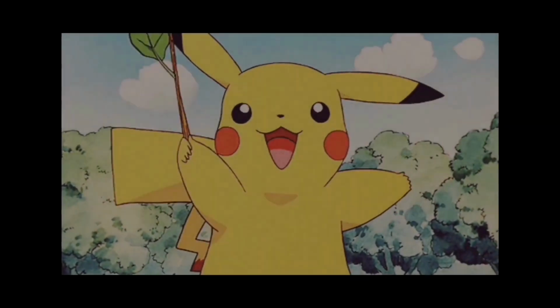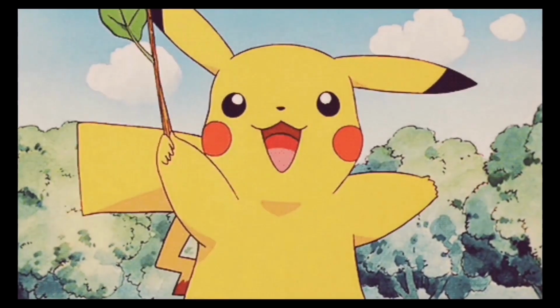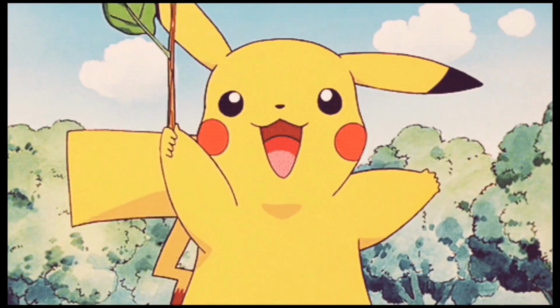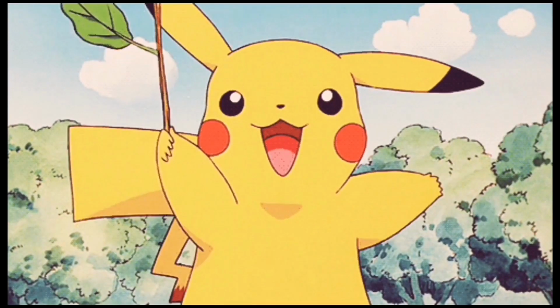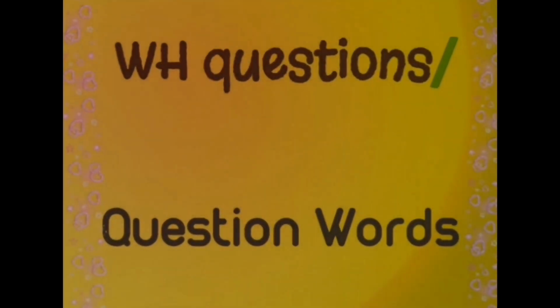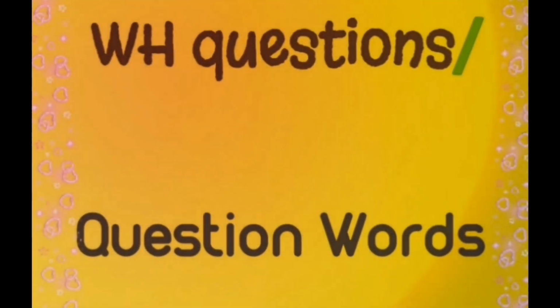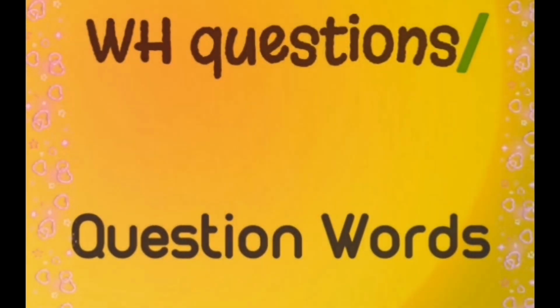Well, we have already seen WH questions or question words, which are whom, how, where, when, which, and so on and so forth. We have seen when to use each of them.